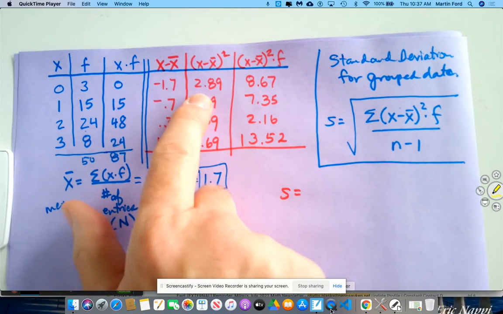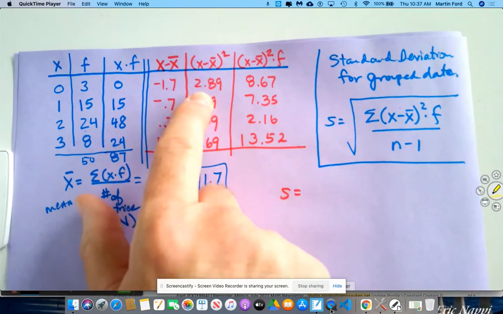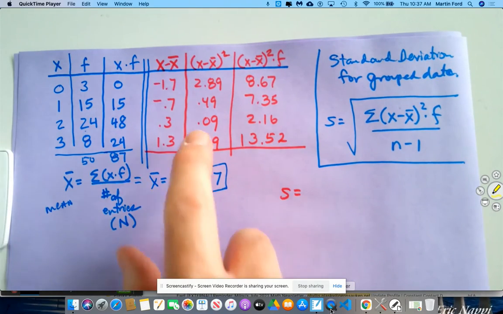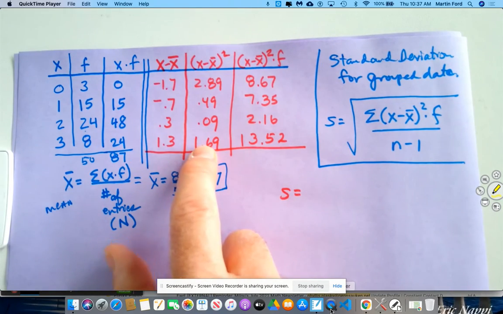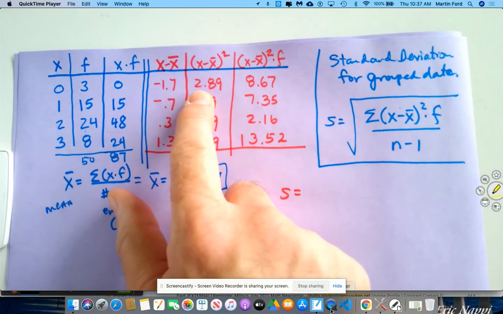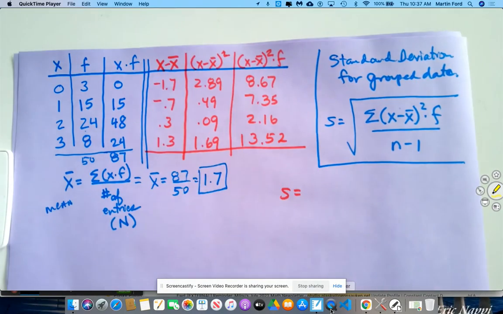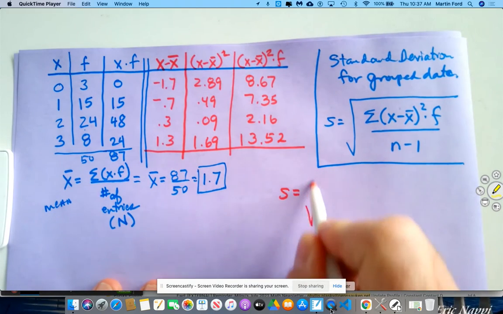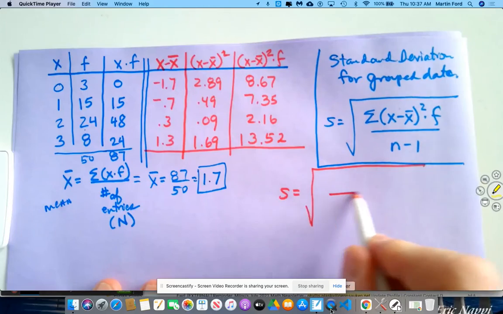So negative 1.7 times itself is 2.89. Remember, this whole column will be positive. Then finally, we take these squared deviations and multiply them by the f. 3 times 2.89 is this.